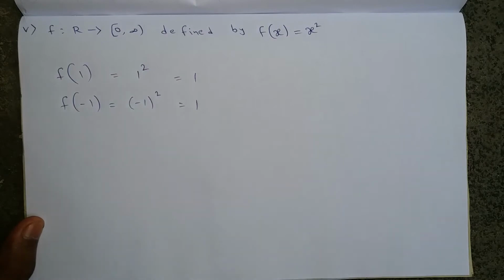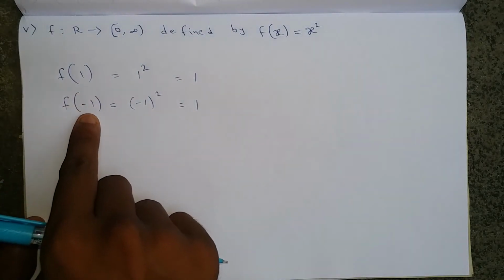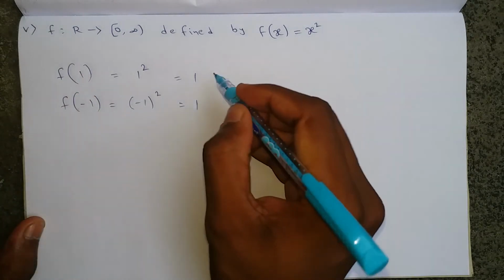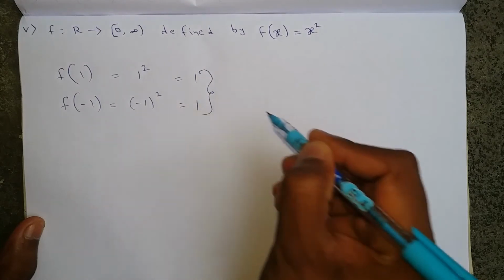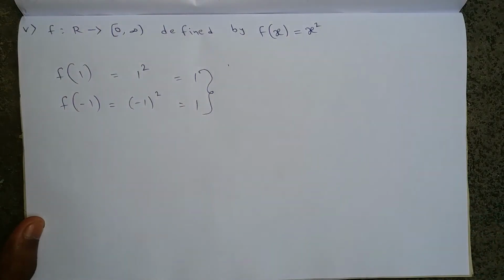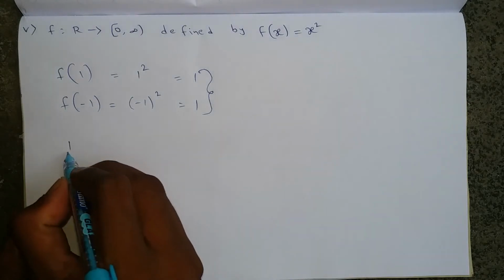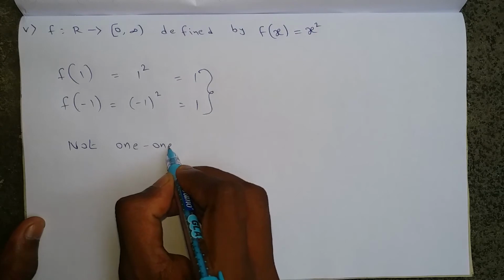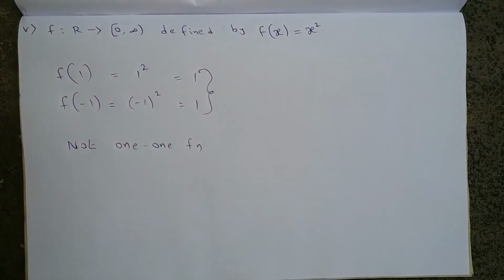Here two different elements, plus 1 and minus 1, have the same image, plus 1. Two different elements have the same image, so it is not a 1-1 function.